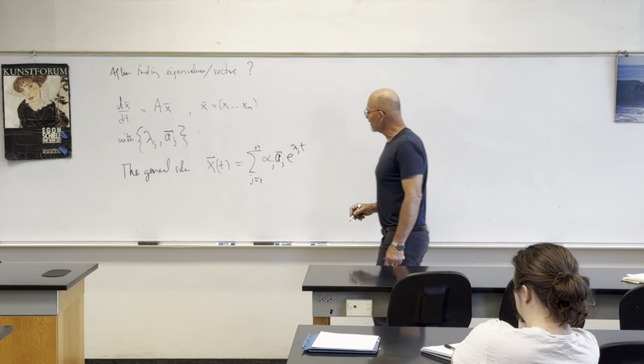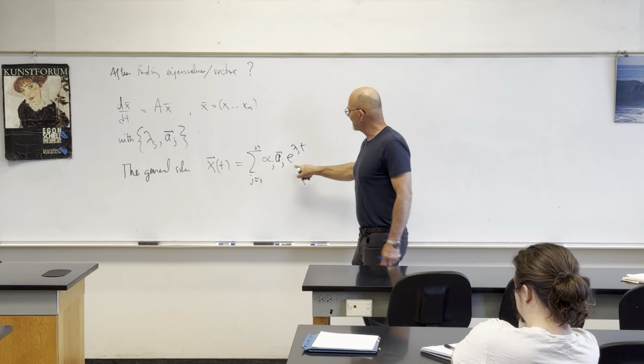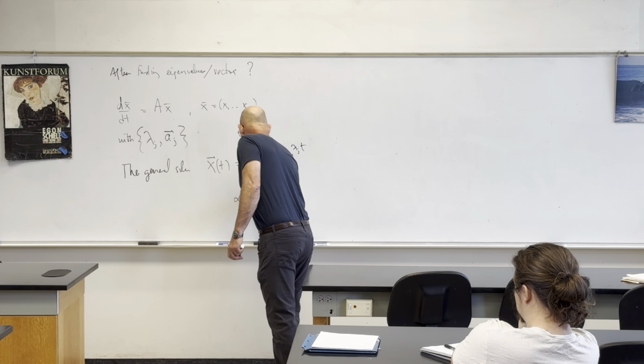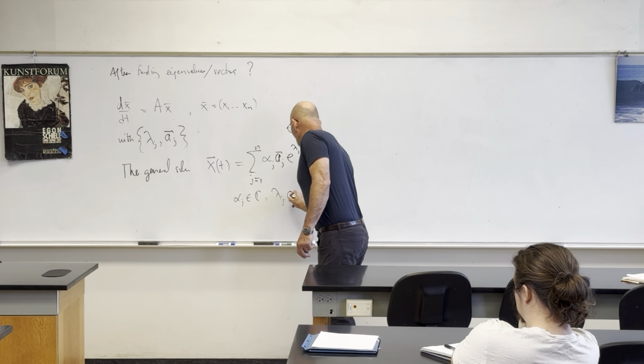So that's a linear combination of vectors. The alpha sub j are complex numbers. Of course, the lambda sub j are also complex.